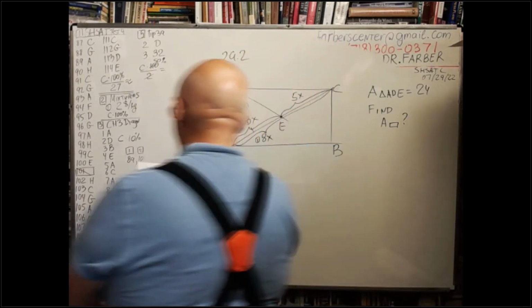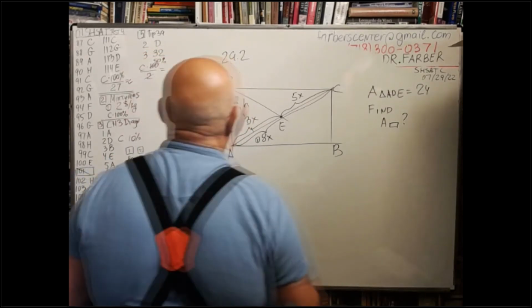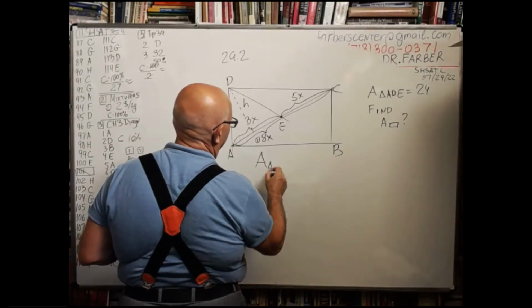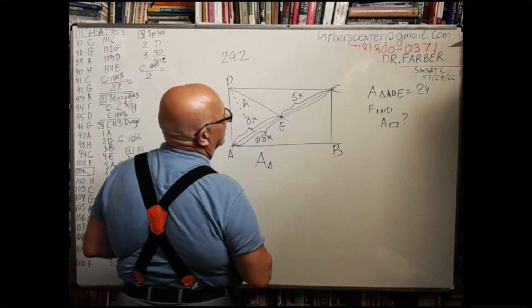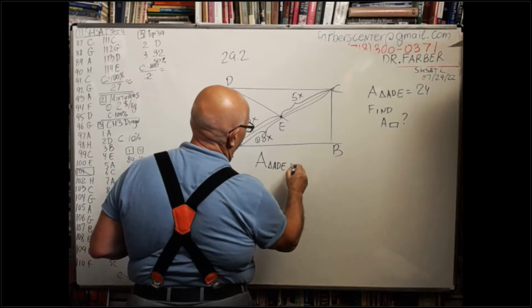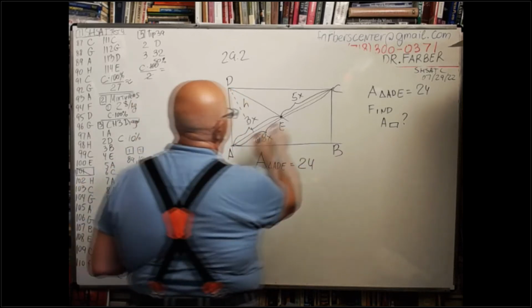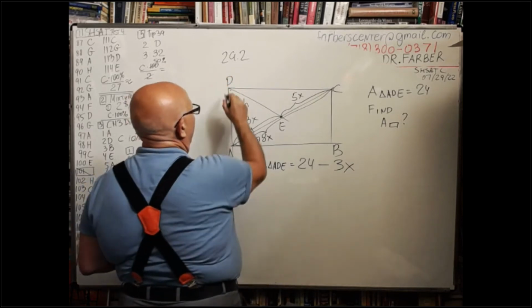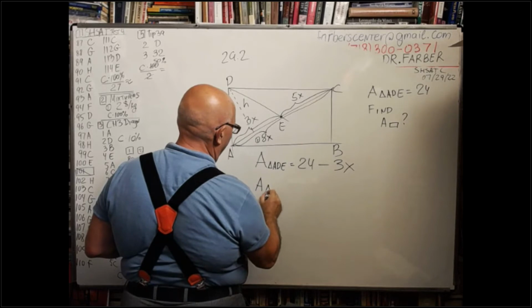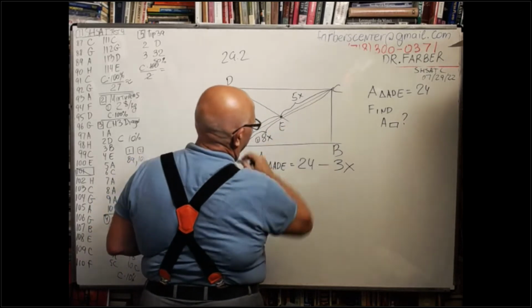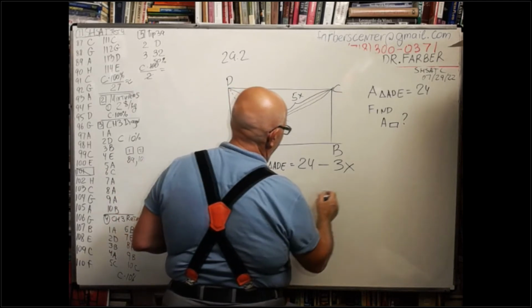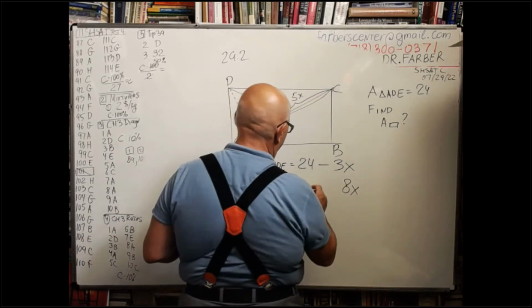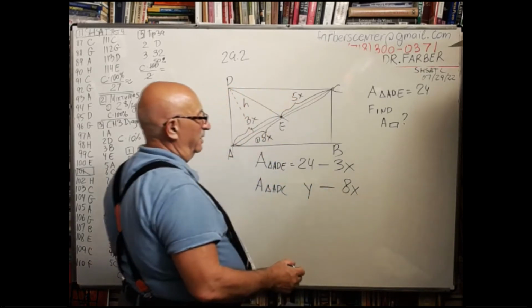So this is the key thing to solve this problem. Area of triangle ADE, which is 24, has base 3x. And area of triangle ADC, this one, has base 8x, and area, I don't know, I can't use x again because x is already taken, so y.